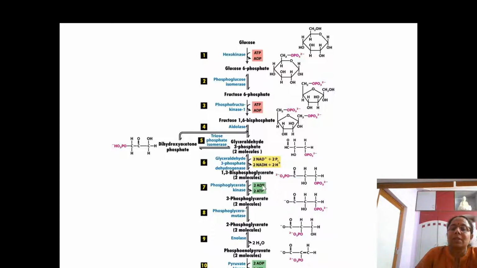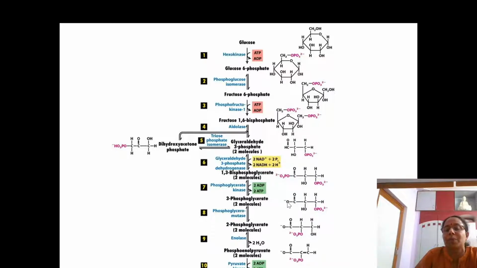So this is a step where a molecule of ATP is synthesized. Totally there is a generation of 2 molecules of ATP when 1,3 bisphosphoglycerate is converted into 3-phosphoglycerate with the help of an enzyme, phosphoglycerate kinase. So please remember, phosphoglycerate kinase converts 1,3 bisphosphoglycerate into 3-phosphoglycerate.